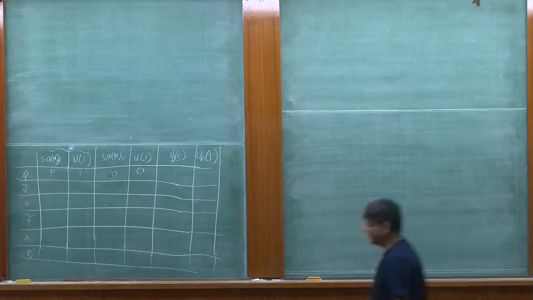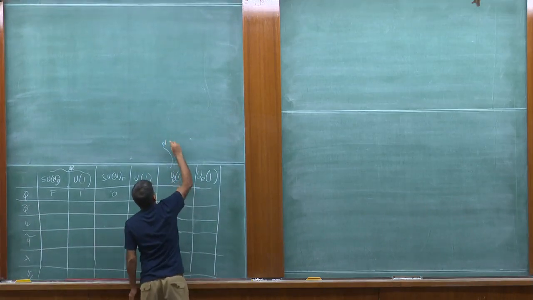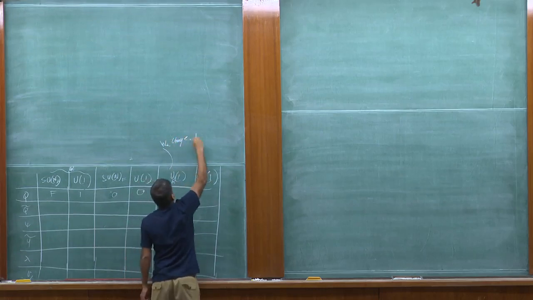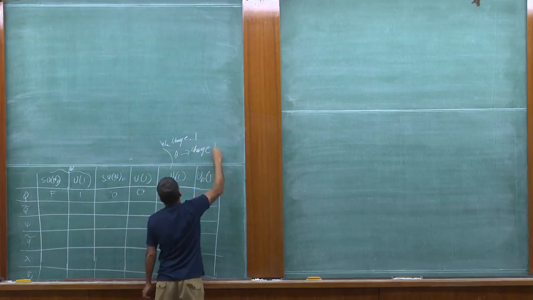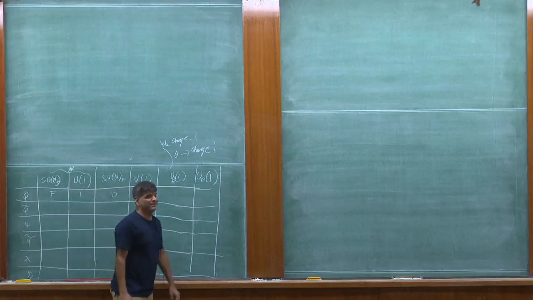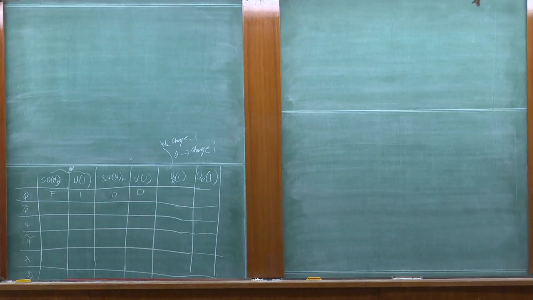So this naive R symmetry had W with charge 1, theta had charge 1. Okay, and therefore psi carried charge minus 1 because Q was uncharged, but Q had an expansion term which is theta psi, so psi carried charge minus 1.